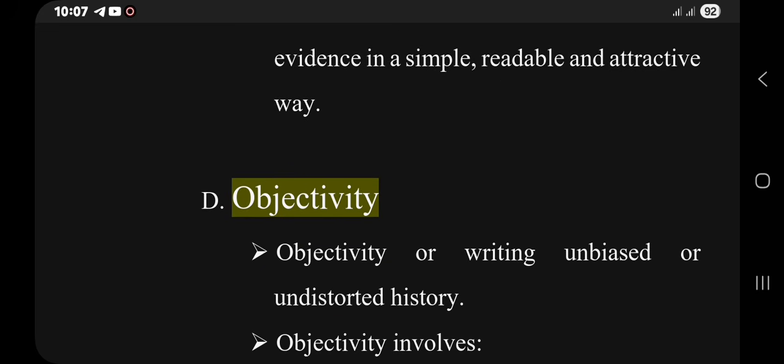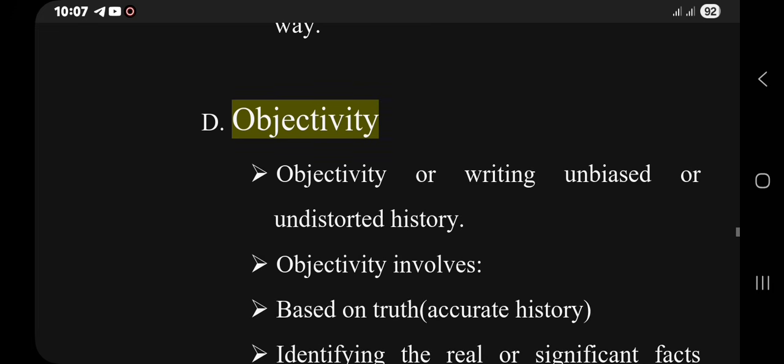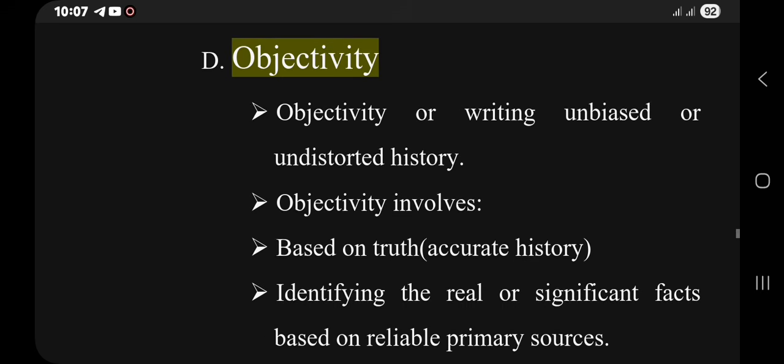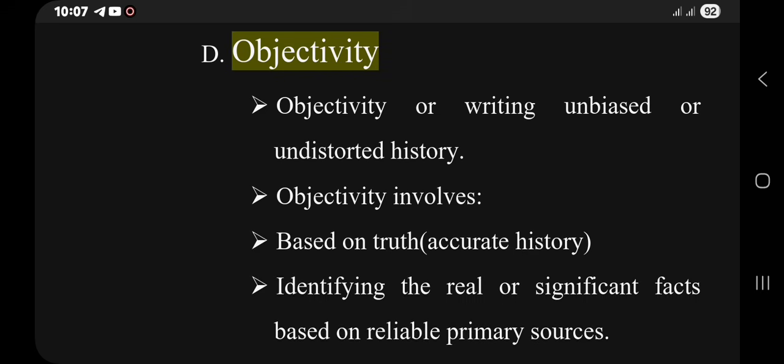The next one was objectivity. Dear learner, you should know what objectivity means in the study of history. Objectivity, or writing unbiased or undistorted history, means truthfulness of a fact or historical accounts.